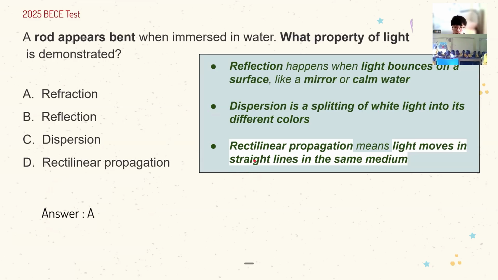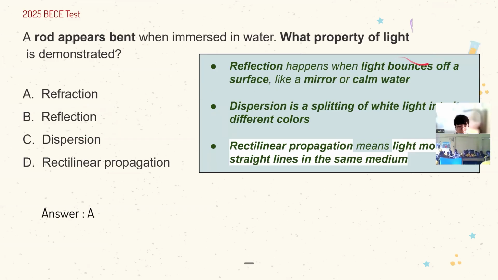Refraction is the bending of light. But reflection happens when light bounces off a surface, so it's not really bending, it's bouncing off like a mirror. Dispersion is the splitting of white light that we've talked about.